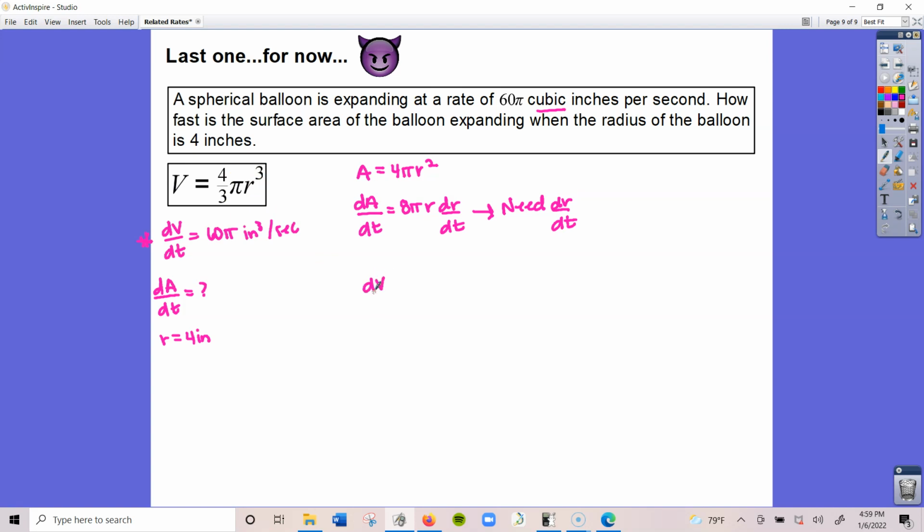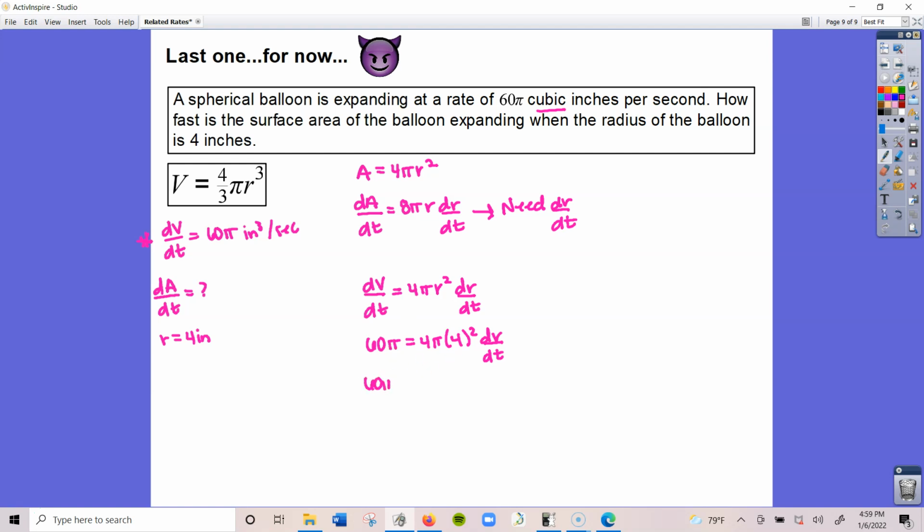Let's get dV/dt and see what happens. dV/dt is equal to, when I find the derivative, 4 pi r squared dr/dt. If I am given that dV/dt is 60 pi, I can replace this with 60 pi. I am also given the radius, which is the 4. And look at that. I have dr/dt that I can isolate and then later put it in here to solve for it. So let's go ahead and work this out.